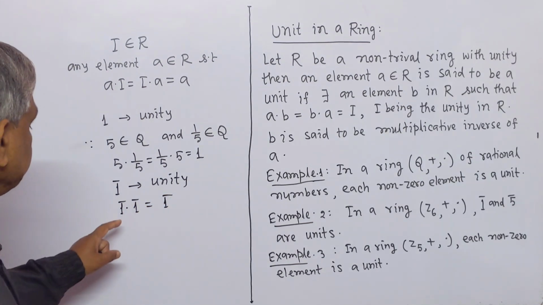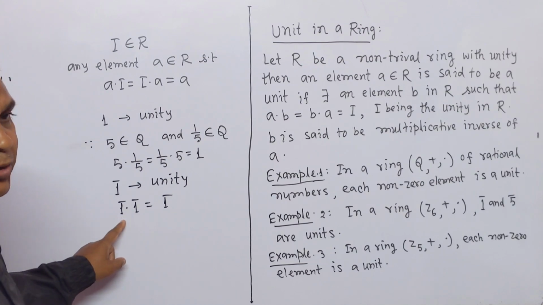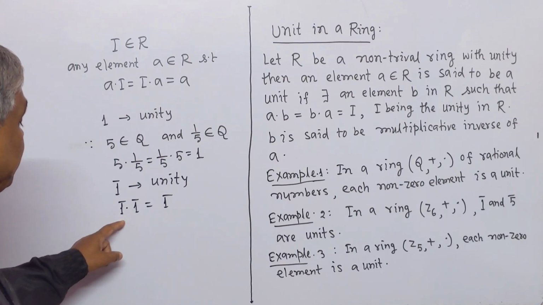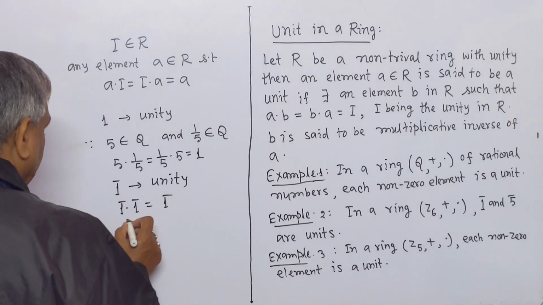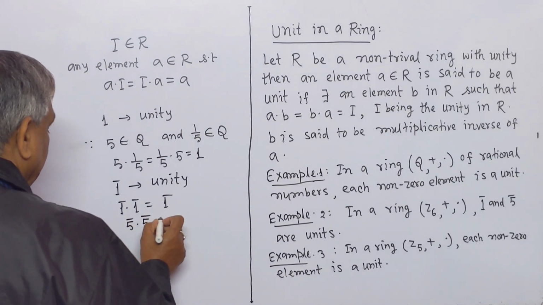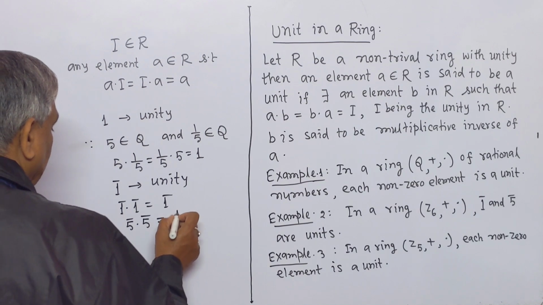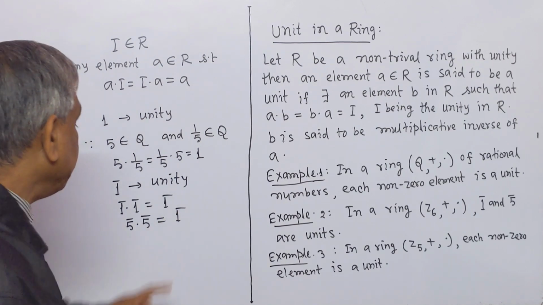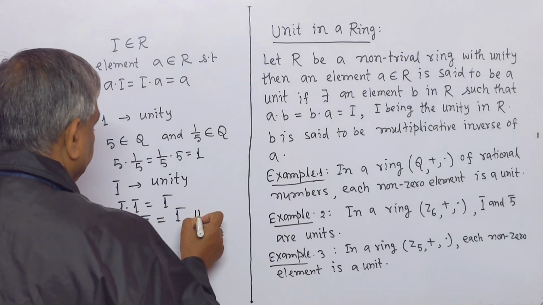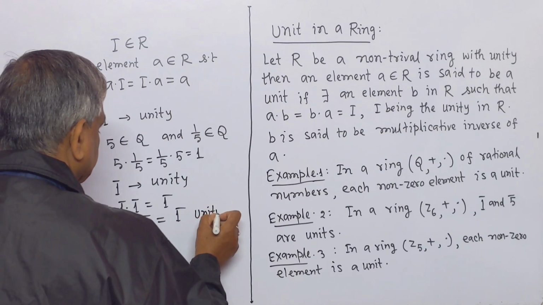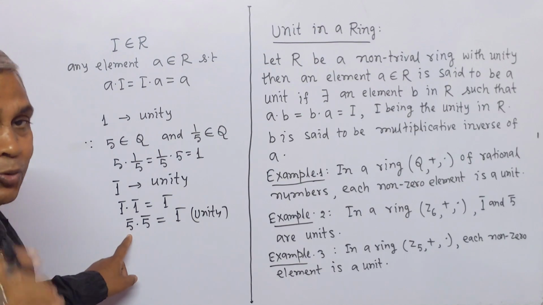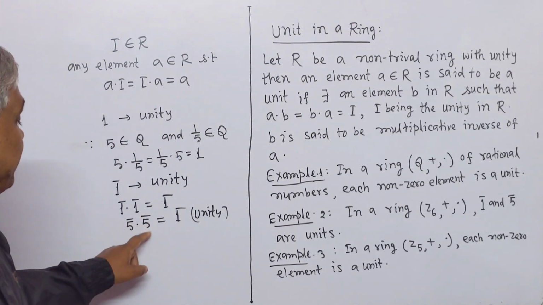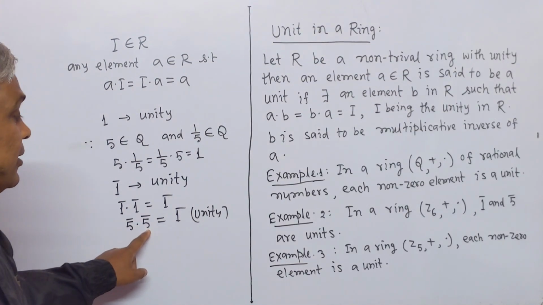Therefore, 1 bar is a unit. Its multiplicative inverse is 1 bar. 5 bar multiply 5 bar equal to 1 bar. This is the unity. So, 5 bar is a unit. Its multiplicative inverse is 5 bar.